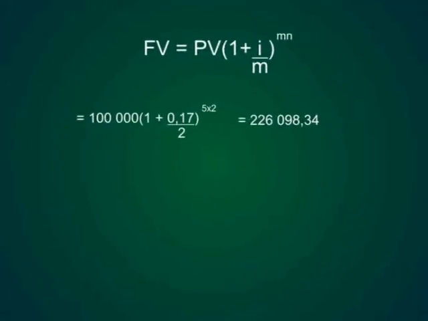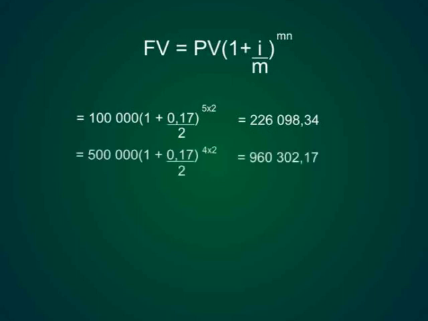It will be 100,000 rand, open bracket, 1 plus 0.17 over 2, close bracket, to the power 5 times 2, which gives us an answer of 226,098.34 rand. That is the future value of the 100,000 rand that he invested today.